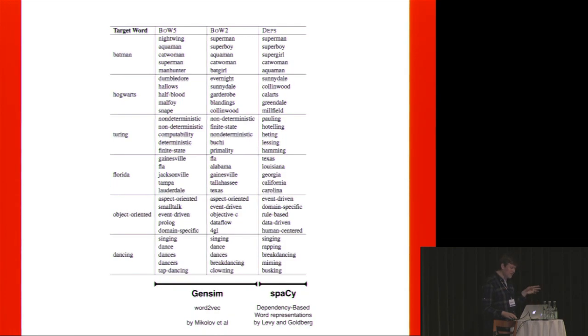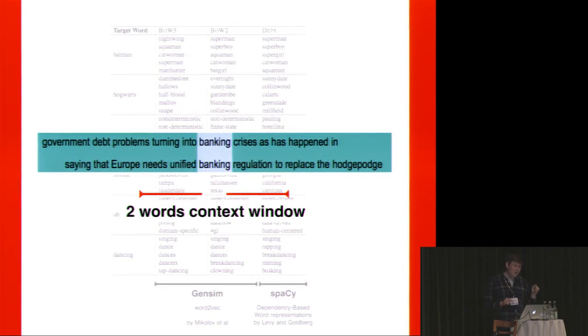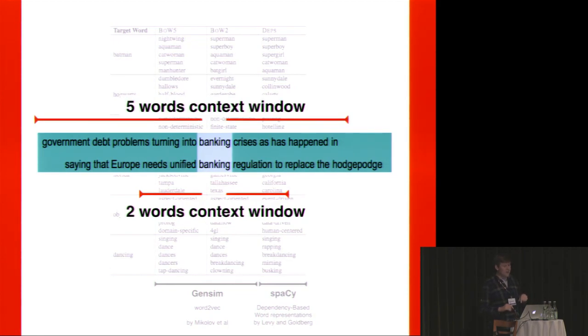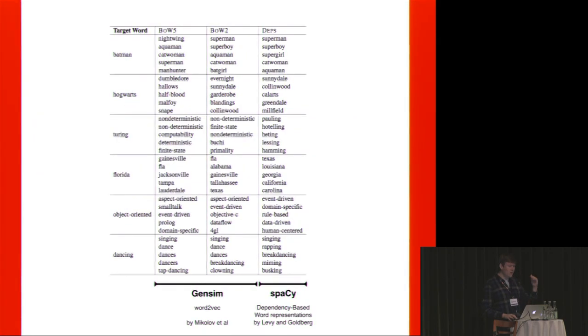Looking on top, we have bag of words 2. These are both different approaches, because word2vec is basically a tool which implements many more ways of computing it. But if we talk about bag of words 2, we're actually taking the two words from the left and the two words from the right into account. If we do bag of words 5, we're taking a context window of 5. And if you do this, you end up with the most similar words.